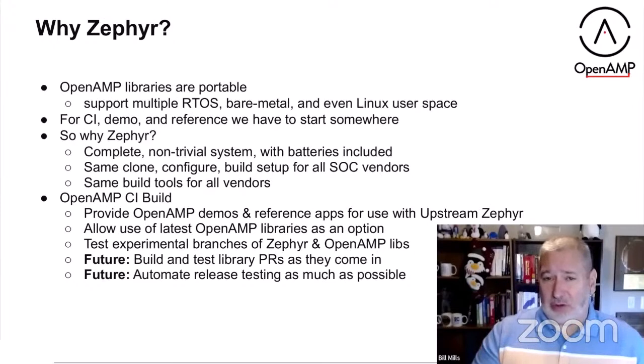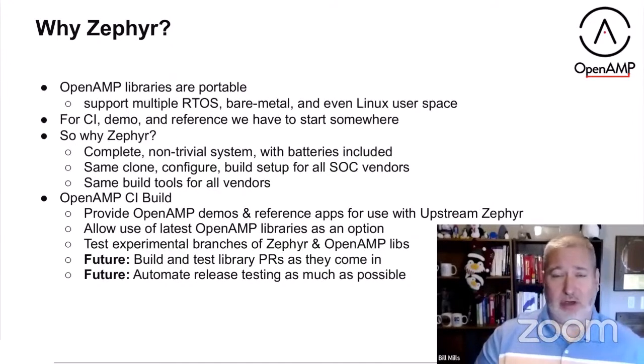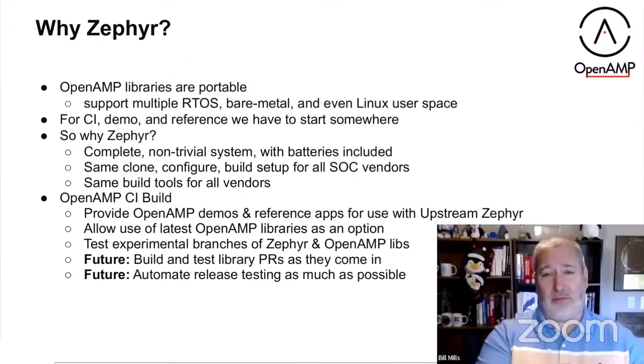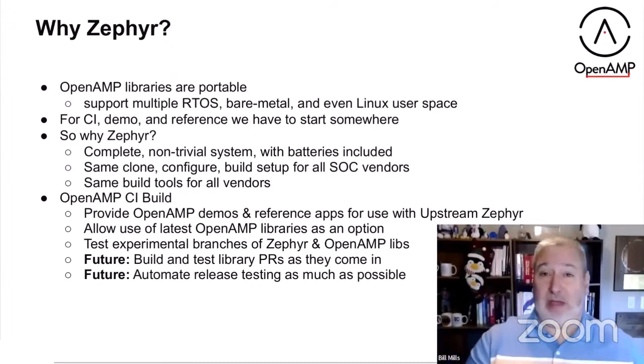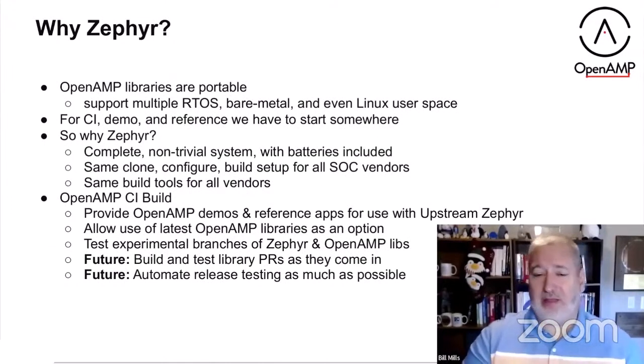And I think most importantly, it has the same developer flow, regardless of which vendor SoC you're starting with. So you can start with one and then apply the knowledge to the others. Once we've automated one, we've automated it for many. And the build tools are all provided by Zephyr as well. So it's a good place to start, and that's where we're starting.